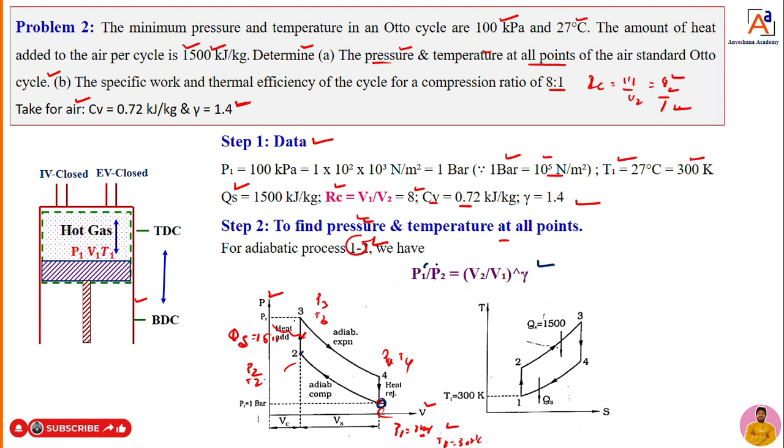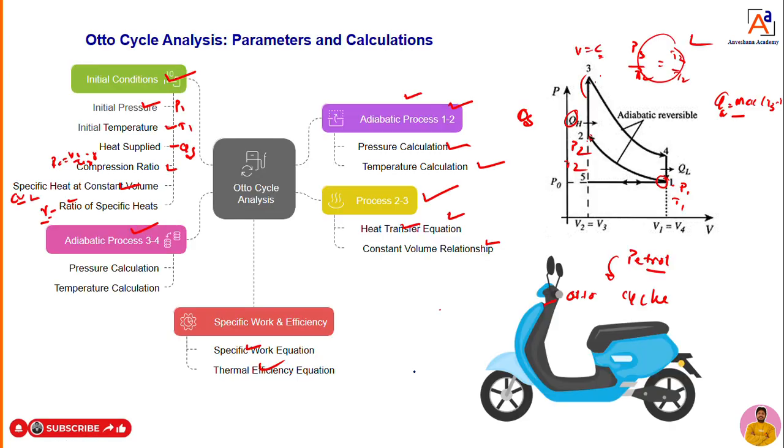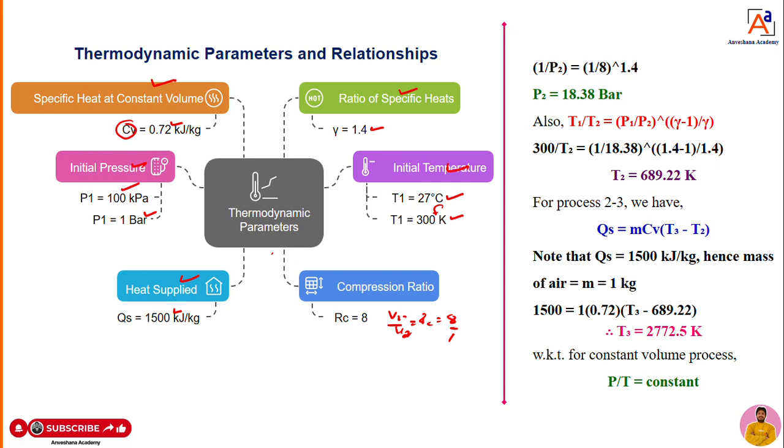With the help of this equation, I will try to find the value of P2, because my first intention is to calculate the pressure and temperature at all points. So I will use the adiabatic compression process first. P1 is 1 bar, P2 I don't know, I will keep it as it is.